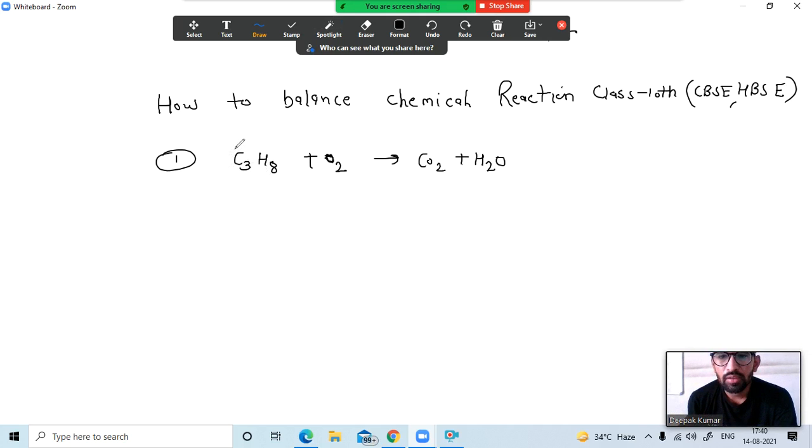You are watching the reaction given on the screen. If you want to balance the chemical reaction, what is the first procedure? First of all, write the left hand side and right hand side.